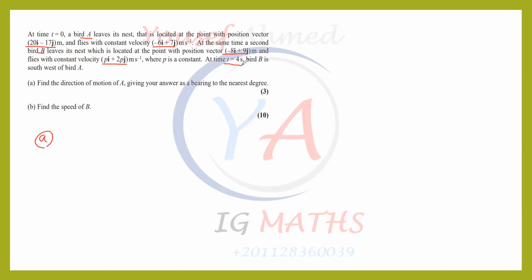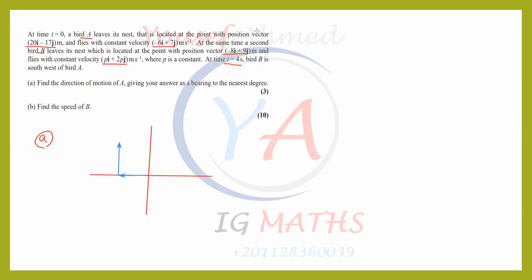So let's see the part here. If I have a grid, for example, we need to know the angle for bird A. Bird A is negative 6, so we can just make it like this: negative 6i and 7j.